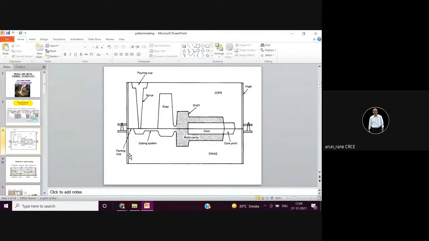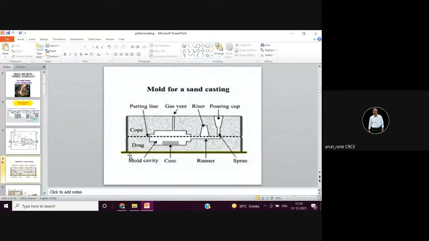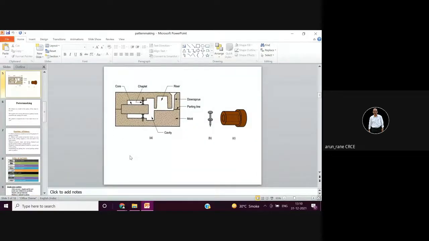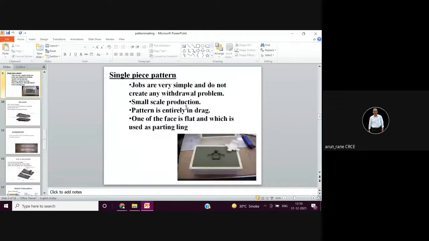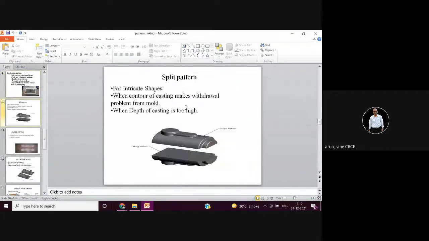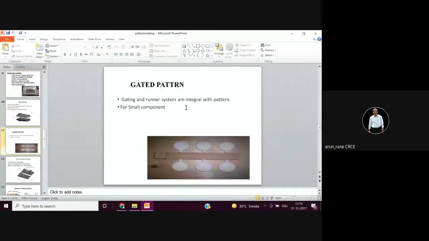This also you now know very well. This is a chaplet. These are the different patterns. This is a gated pattern.